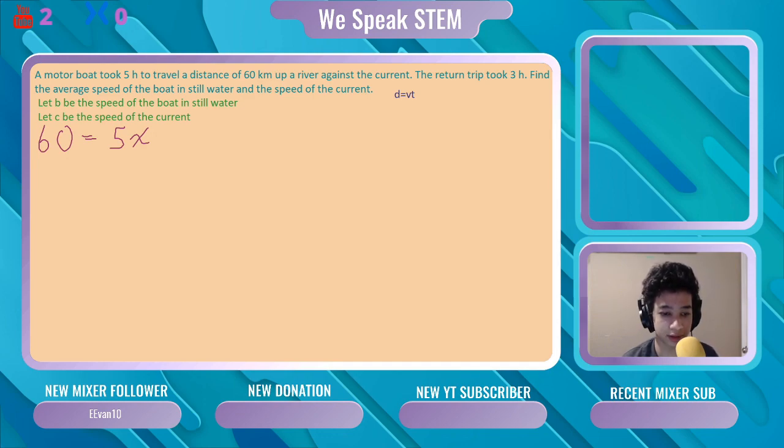And then the speed of the current is also going to be 5c actually.